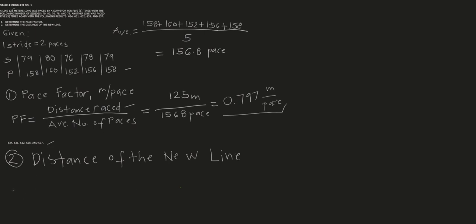So, para makuha yan, may data na tayo. Diba, yung formula natin is D, or let's say D new, equal siya sa average number of phases times yung phase factor natin.